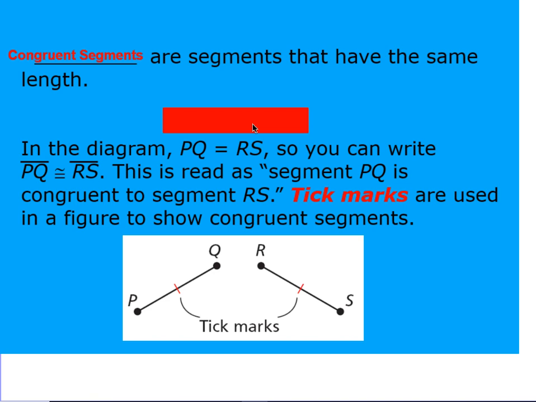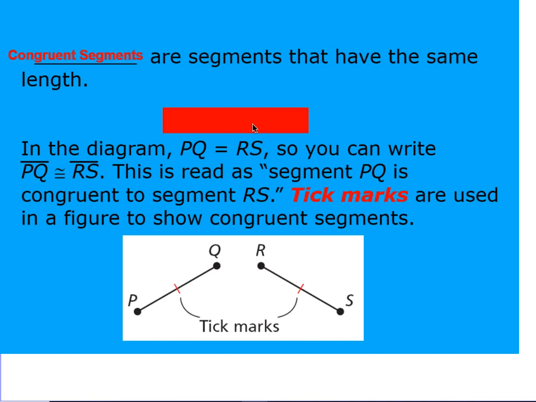There are some extremely important symbols that you're going to have to know for the remainder of this course, and that is our congruency symbol. If PQ equals RS, if their distances are the same, we use distances without the bar on top. So we say that PQ equals RS, because distance is a value, so we use an equal sign for value.